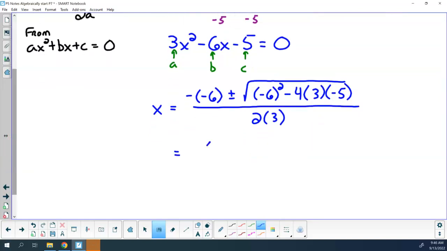Negative of negative 6 is positive 6, plus or minus, negative 6 squared is 36. 4 times 3 is 12, times negative 5 is negative 60. Two times 3 is 6.